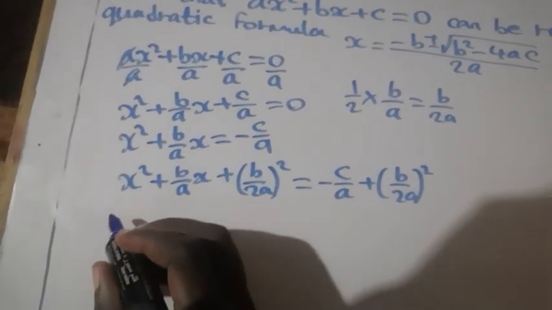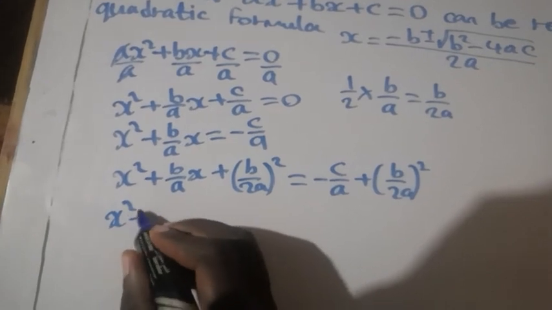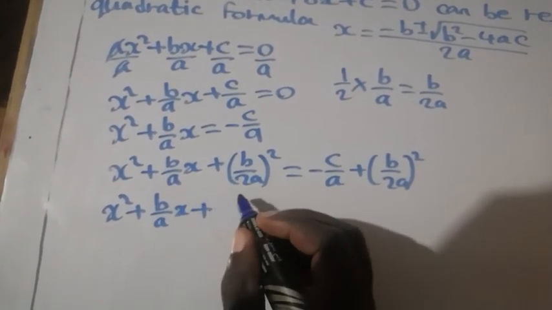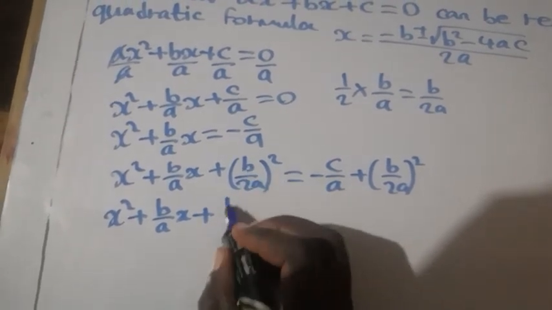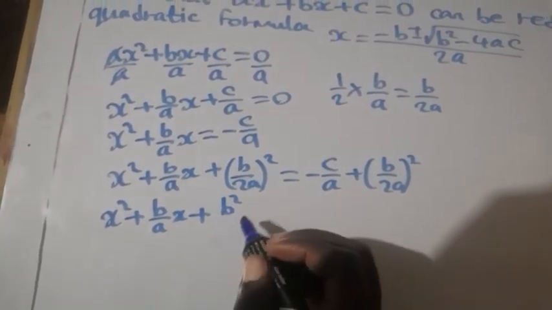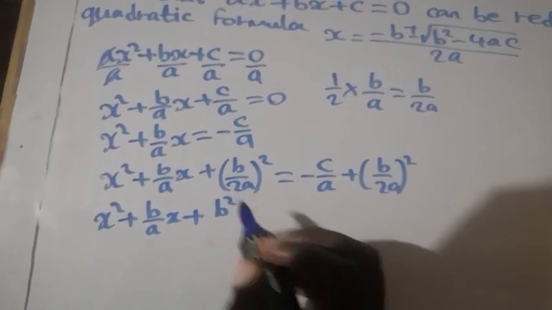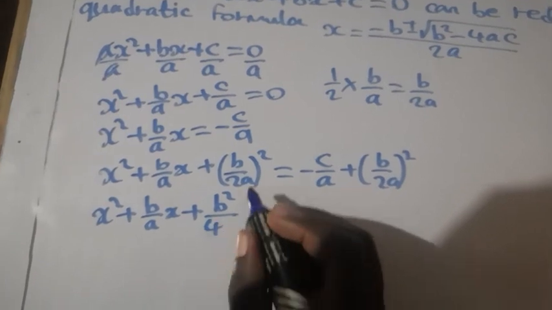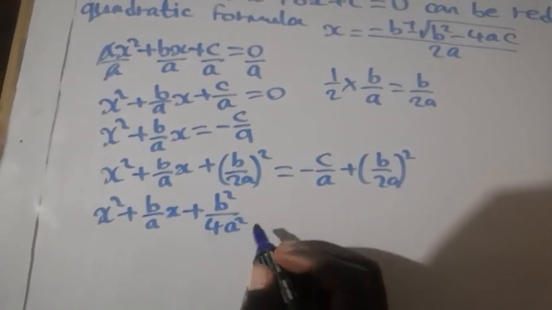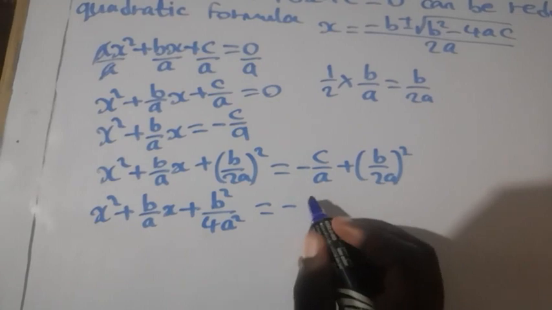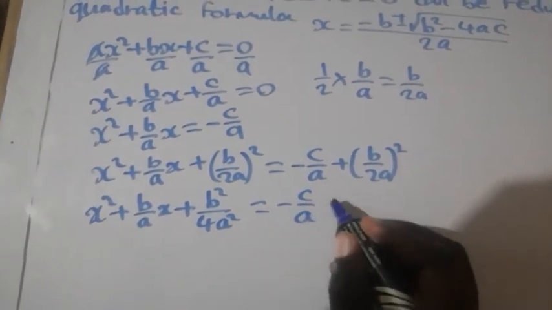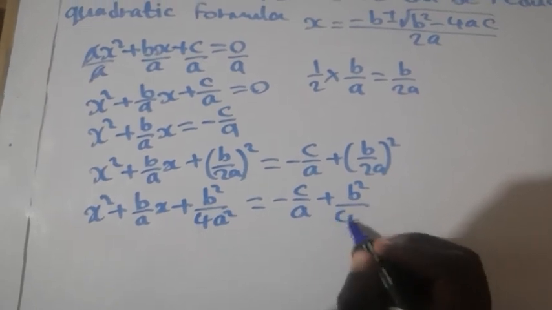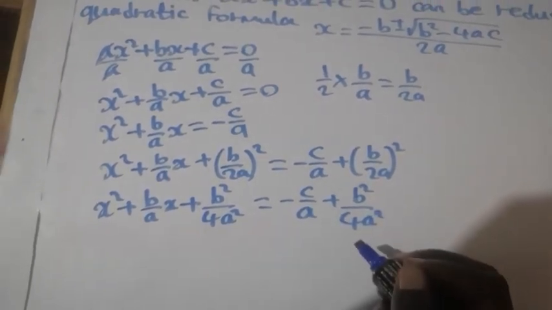In the next stage, we have x squared plus b over a x plus b squared over 2 squared, which is 4a squared, equal to negative c over a plus b squared over 4a squared.